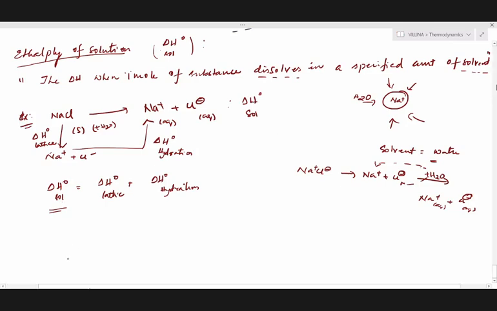So in most cases, when we are dissolving, the sign of the enthalpy of solution will be positive, because dissociation of ions is endothermic. That's why we will have a positive sign for this enthalpy of solution.